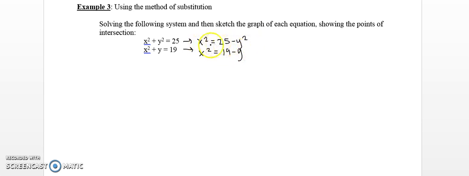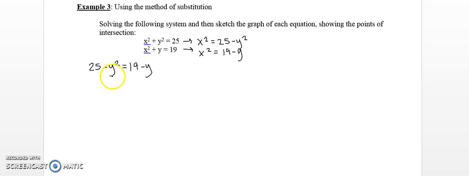Because x squared is equal to this and it's equal to that, these two things are equal to each other. So I'm going to set those equal to each other. So I get 25 minus y squared equals 19 minus y.